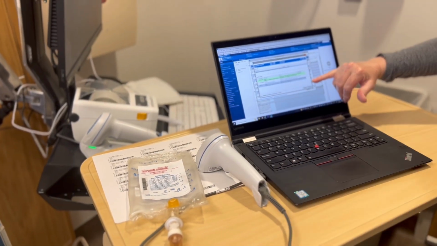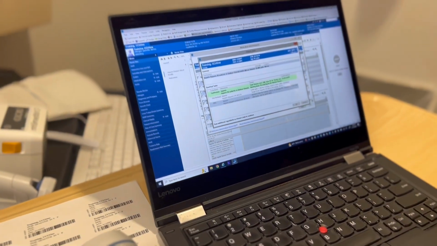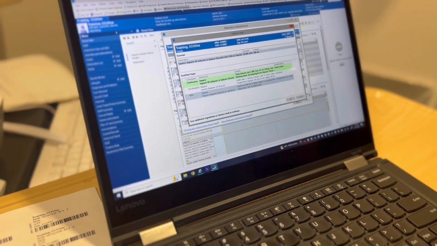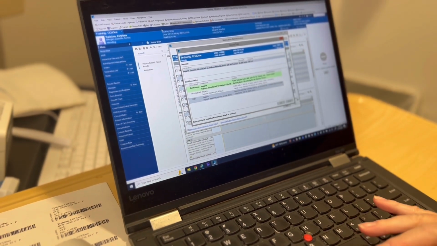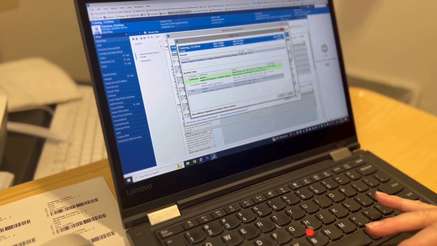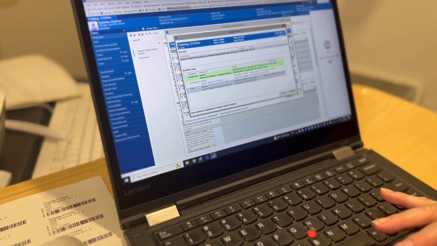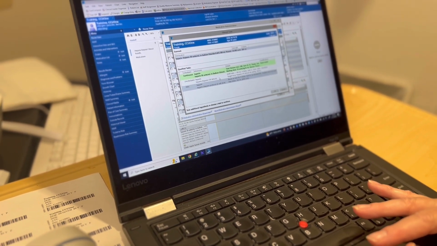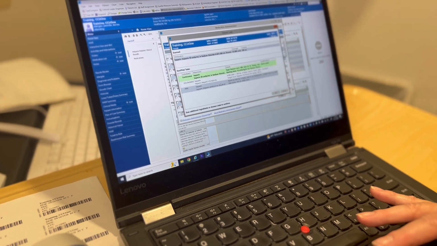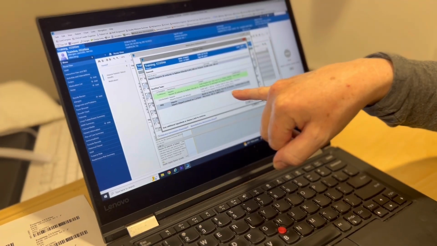Now it's going to give me three choices. The green and bolded is what I scanned, and that's what they're thinking I'm going to give. This is the continuous and it's heparin. If you'll see underneath here, this says this is a VTE bolus, unscheduled, which means when my assay changes, if I need to give a bolus, I would click this one. This one is the PRN on call.